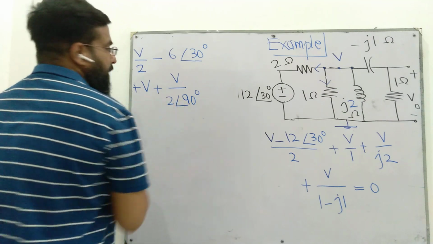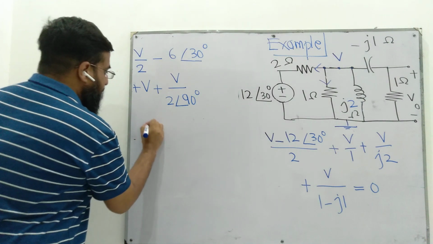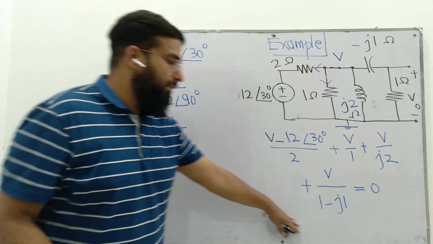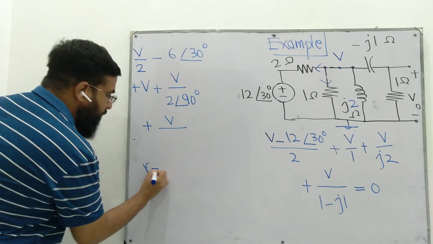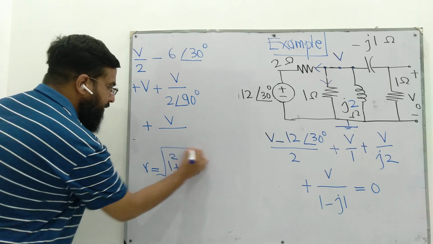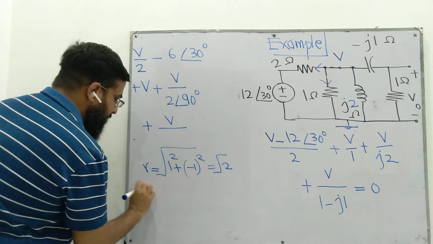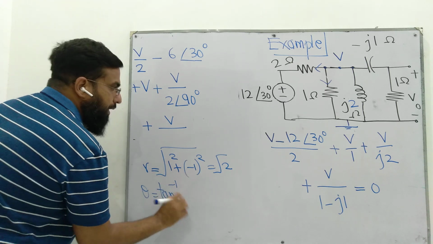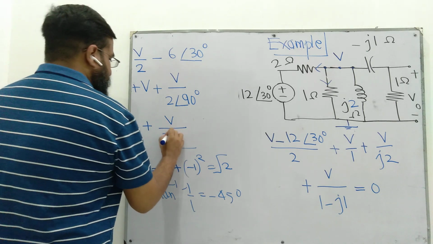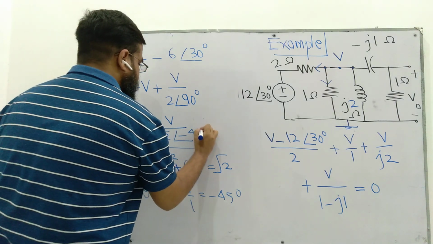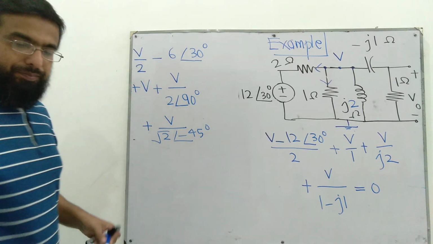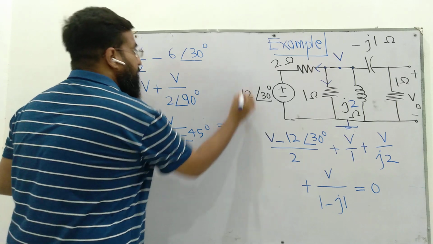So this is 2 at an angle of 90, plus V over 1 minus j1. 1 minus j1 when converted into polar form: r is the square root of 1 squared plus minus 1 squared, which becomes square root of 2, and theta becomes tan inverse of minus 1 over 1, which is minus 45 degrees. So the square root of 2 at an angle of minus 45 degrees is equal to 0.